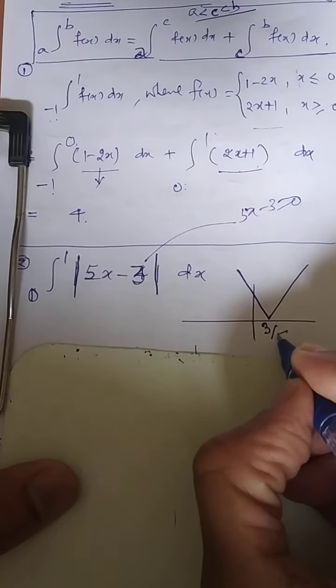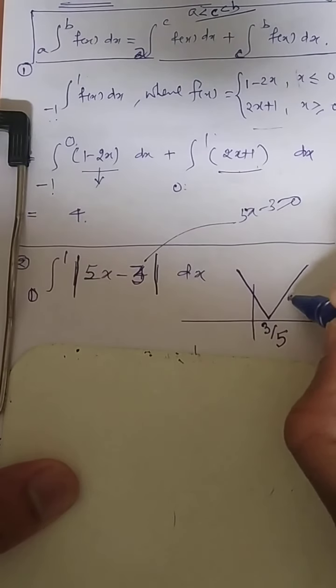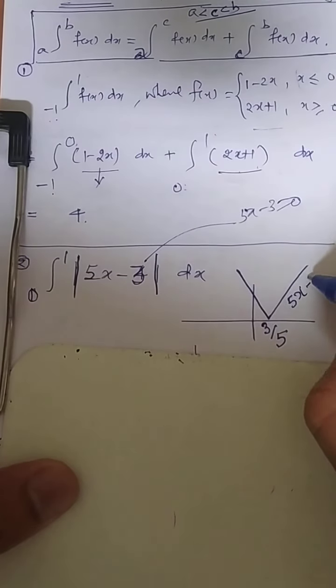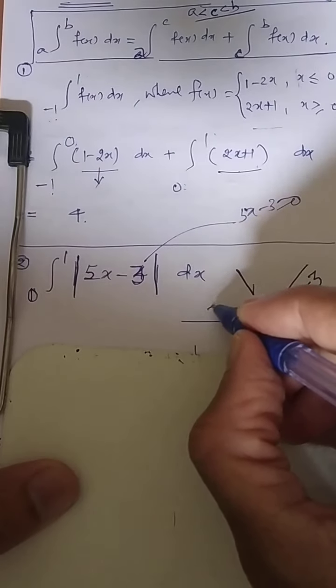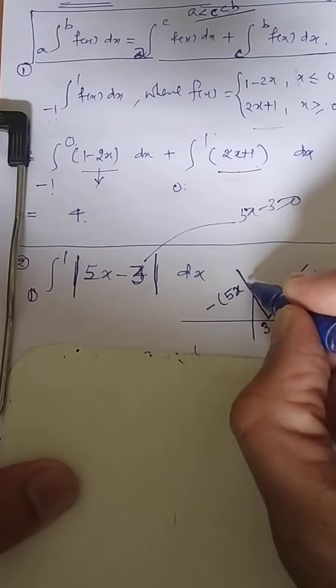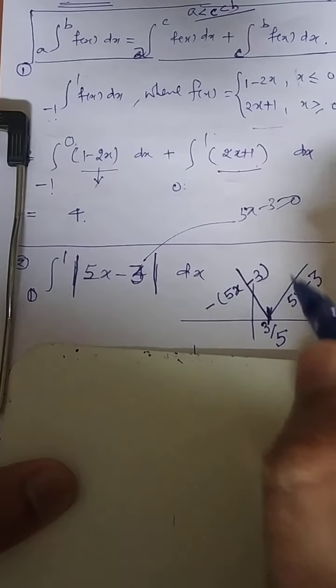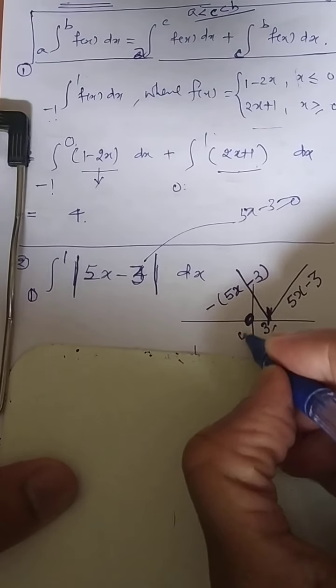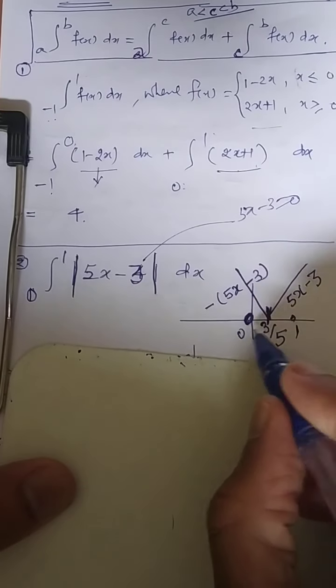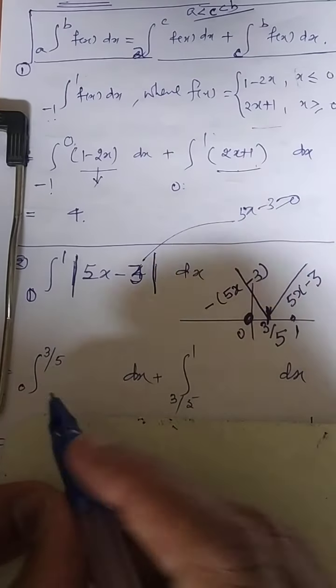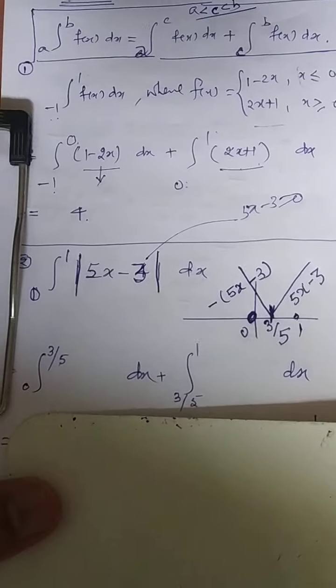So 3 by 5 will be here. On this side we are writing 5x minus 3, and on this side we are writing minus of 5x minus 3. This is known to you. So the nature of the function changes here, but you are integrating from where? 0 to 1. So this is the split, 0 to 3 by 5 and 3 by 5 to 1.